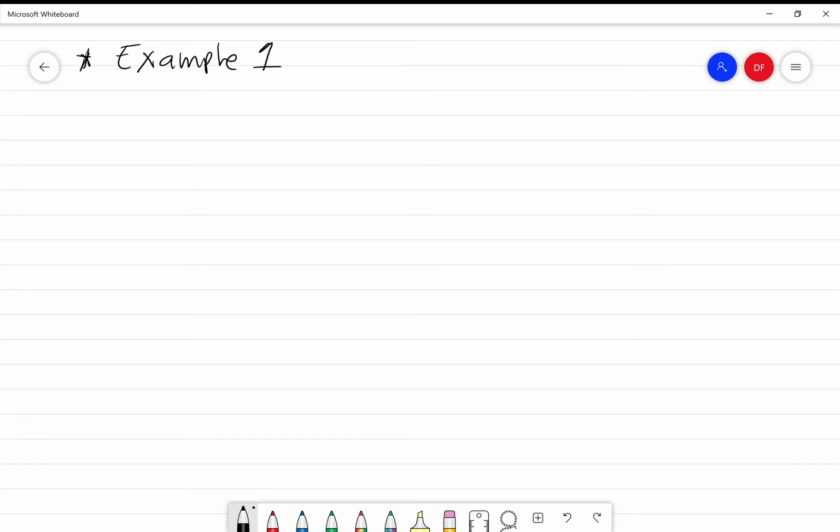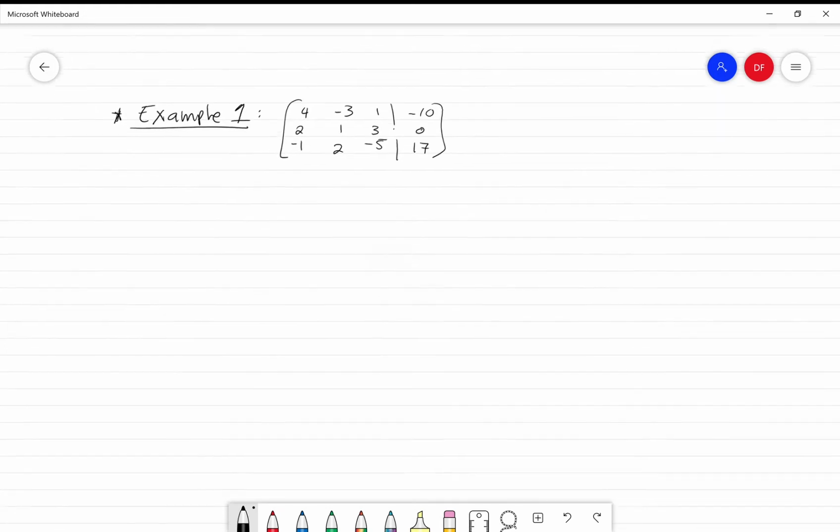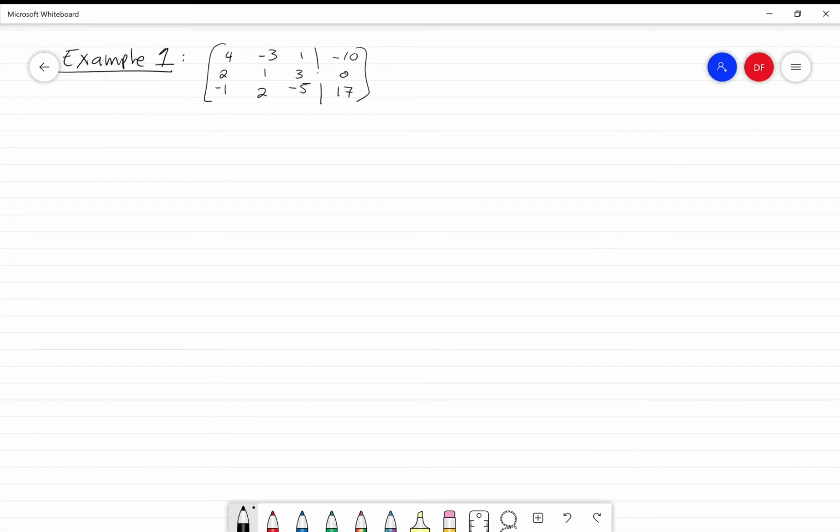Example 1, we have 4, 2, -1, -3, 1, 2, and 1, 3, -5, -10, 0, 17. And we transformed this matrix, or we row reduced it, and we ended up getting 1, 0, 0, 0, 1, 0, 0, 0, 1, 1, 4, -2.